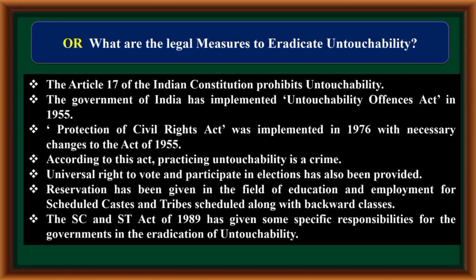According to this act, the practice of untouchability is a crime. Universal right to vote and participate in elections has also been provided. Reservation has been given in the field of education and employment for SC/ST along with backward classes. The SC and ST Act of 1989 has given some specific responsibilities to the government in the eradication of untouchability.